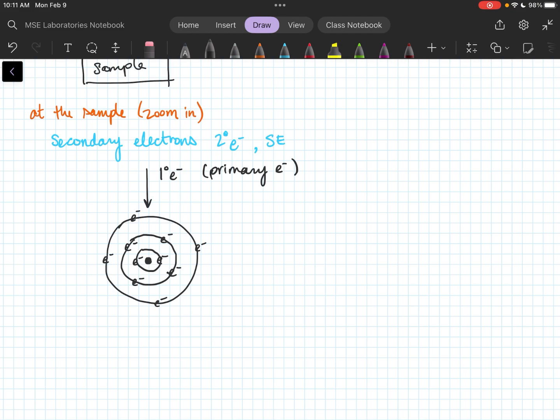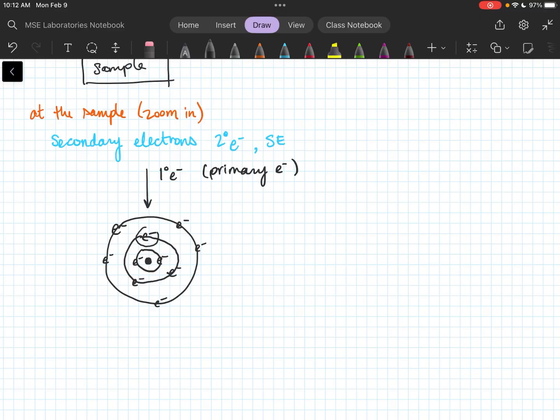This primary electron can come in, and among a couple of other things it can do, it might bump into an electron. Let me rearrange these electrons a little bit so that I'm not messing up my line here. It's going to come in and whack one of these electrons, or get close enough that the electrons' negative charges repulse each other.